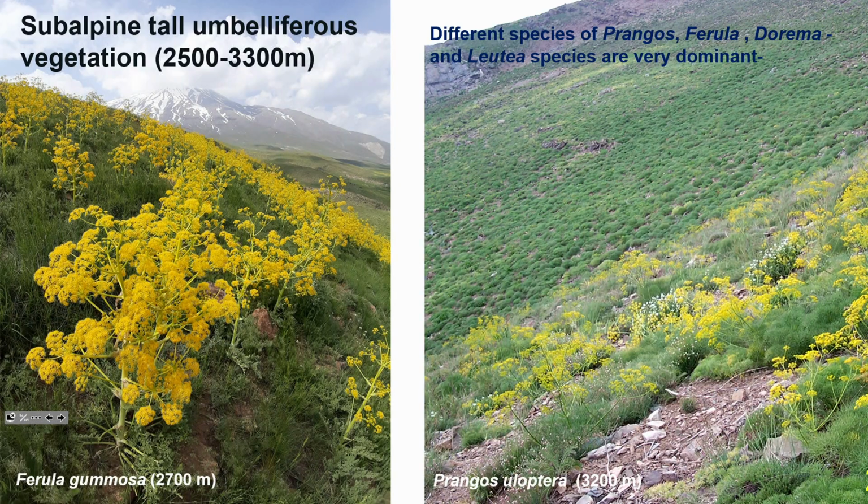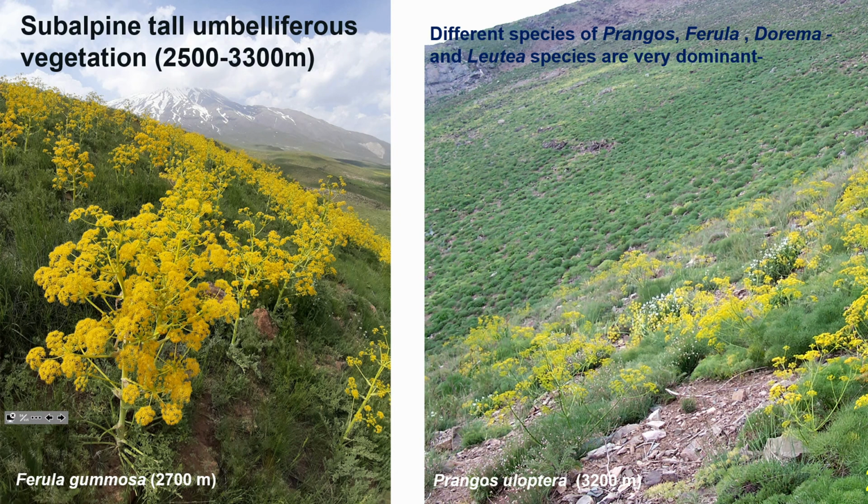Now we go to another vegetation type, umbelliferous subalpine vegetation. They are big plants, around 2 meters and sometimes 3 meters, very huge. Mostly Ferula, Prangos, Ferulago, and these kinds of species are dominant, as you can see.